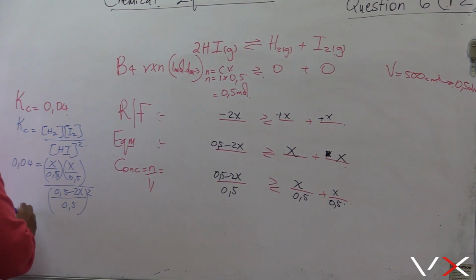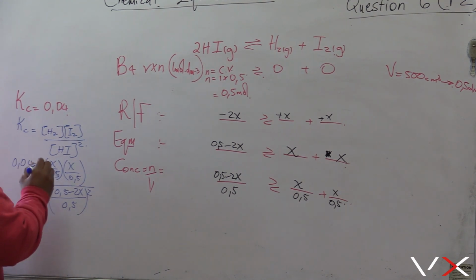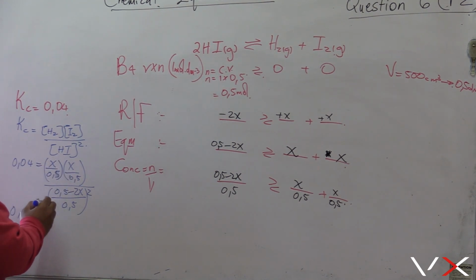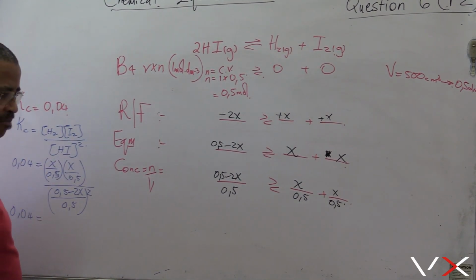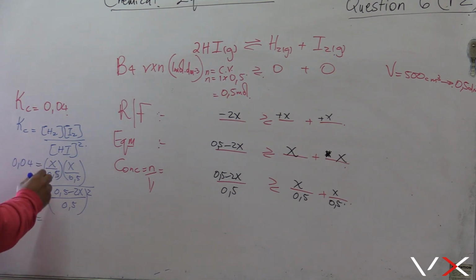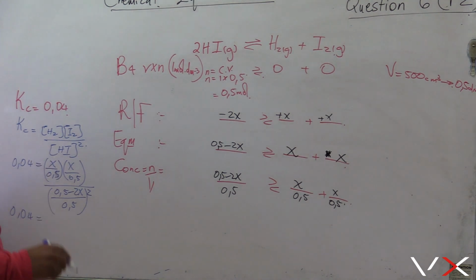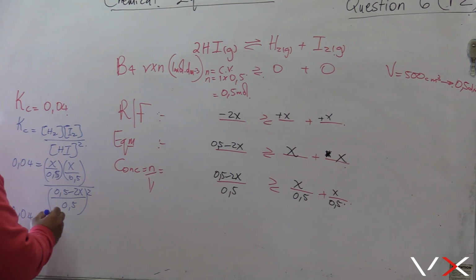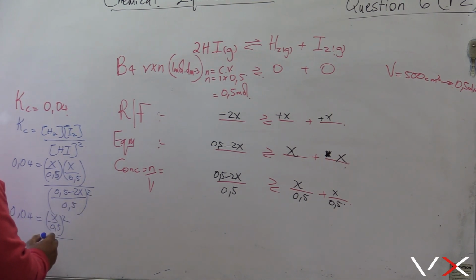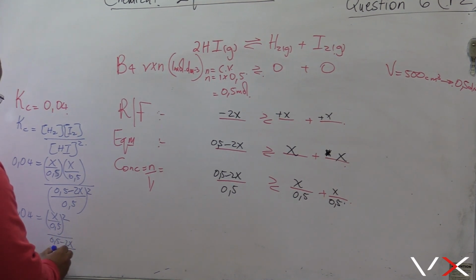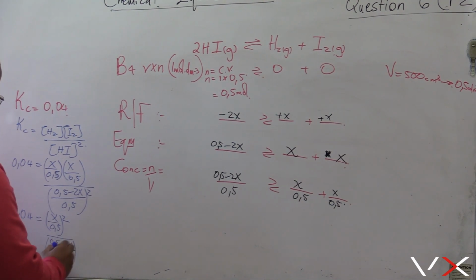So 0.04 is equal to this multiplied: A times A is A squared, B times B is B squared. We get x over 0.5 all squared, divided by 0.5 minus 2x over 0.5 all squared.